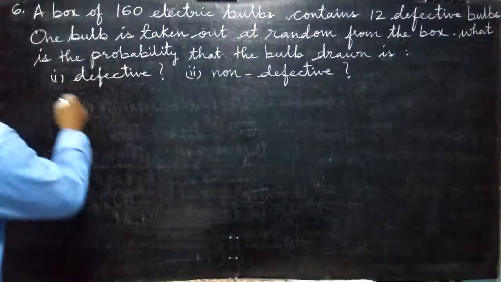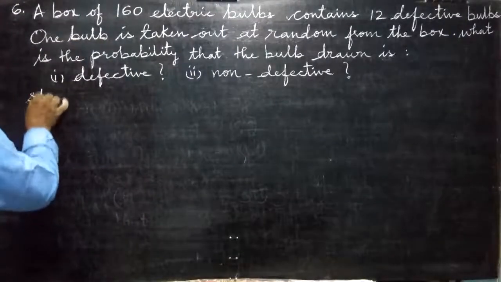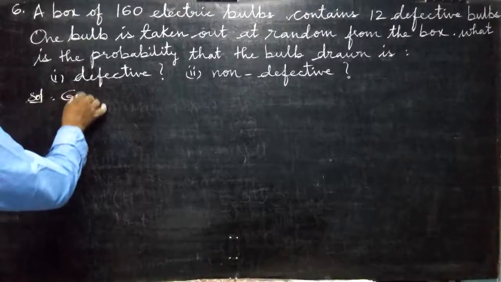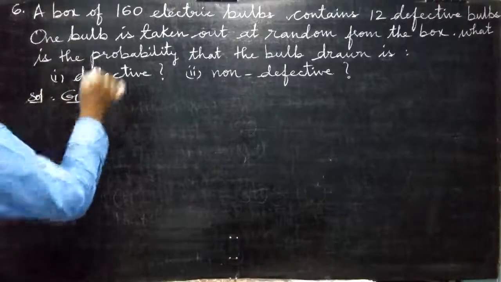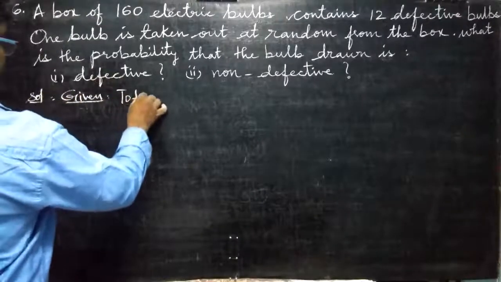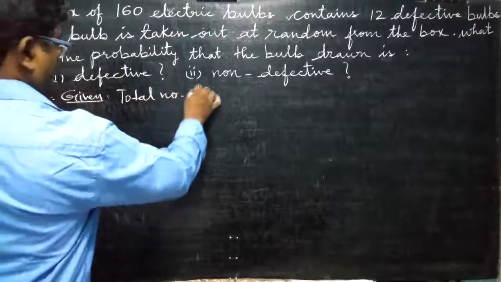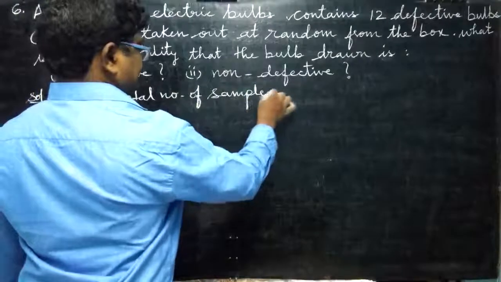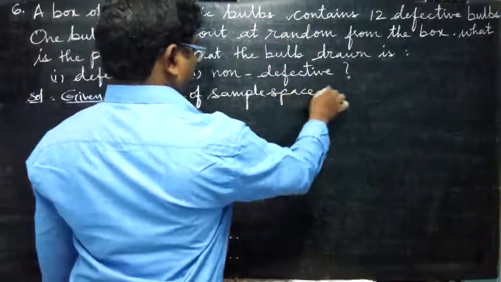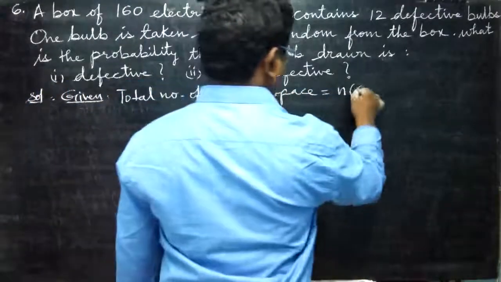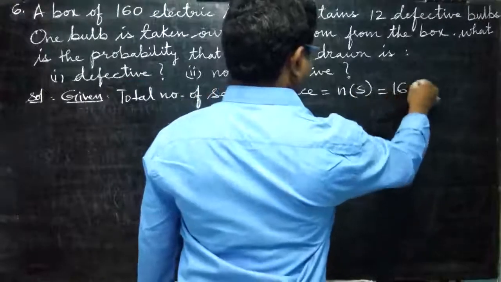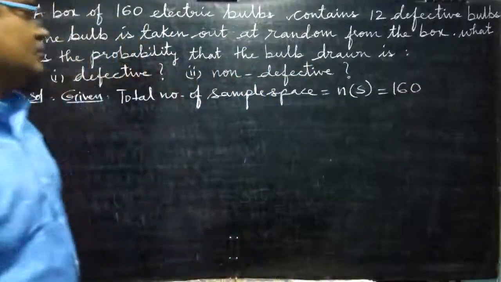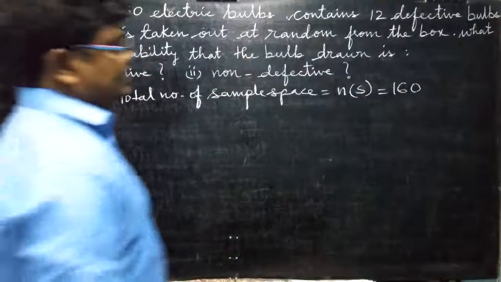Now, solution given. Total number of sample space. Total how much? N of S is equal to 160 bulbs are there. 160.